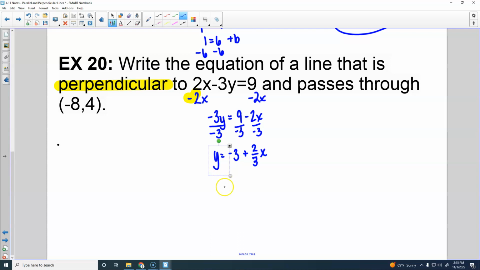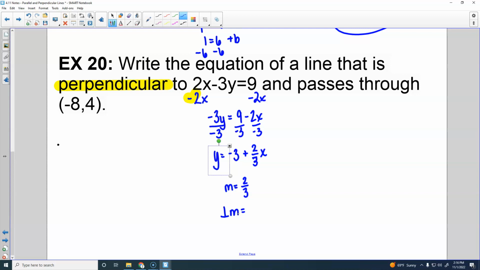All right, Blakeland, what is the slope of that line? Okay, just the 2/3. We don't include the x. So what would the perpendicular slope be, Blakeland? Okay, Ian, can you help him out?